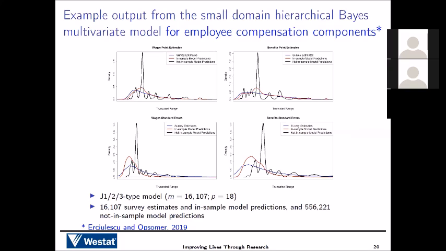In red are in-sample model predictions for the same set of domains. In black are predictions for the out-of-sample domains, more than 500,000 domains for which we generated predictions. The multimodal distribution in black is due to the nature of the covariates that we use for this application. But what's important here is that we can compare the range of predictions. Again, we were able to use the model to construct it this way.